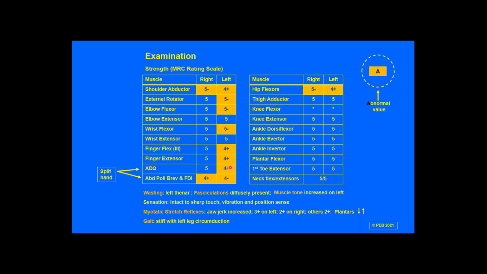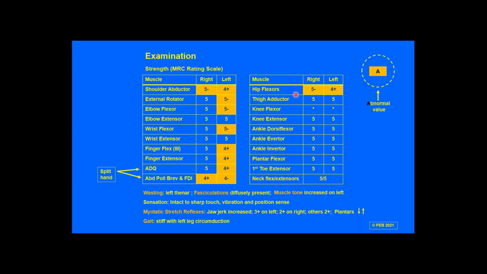Now, because of this being stronger on the medial side and weaker on the lateral part of the hand, that is in the thenar group versus hypothenar, this is referred to as the split hand phenomenon. Some investigators place more on this than others. I find it useful if it's there, but it doesn't change my opinions clinically if it's not. It's interesting to look for.